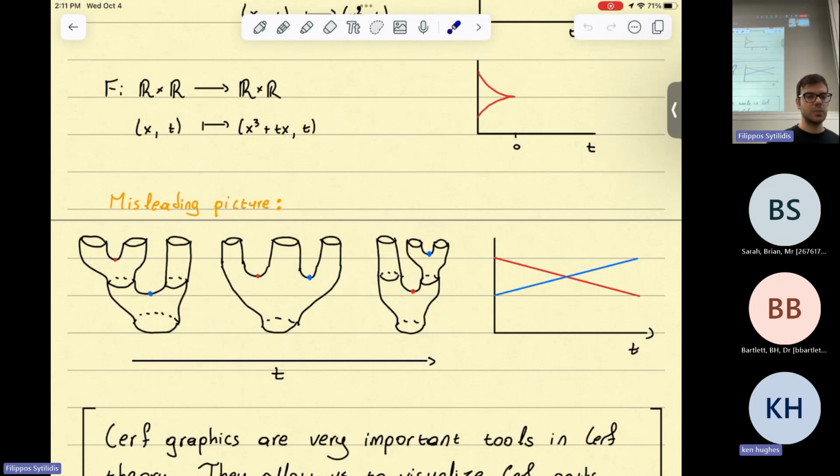It's a slightly misleading picture because it might lead you to believe that what we actually have is a parameter path of different manifolds with Morse functions. That's not how I want to think about it. What we actually have is a set manifold in the background.